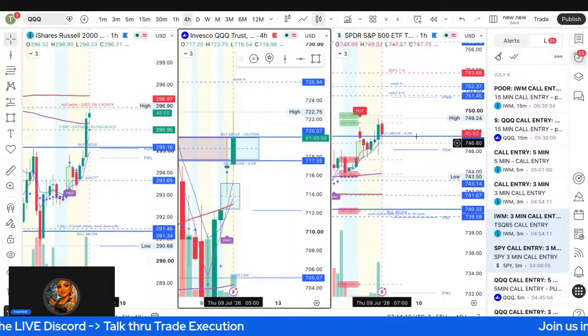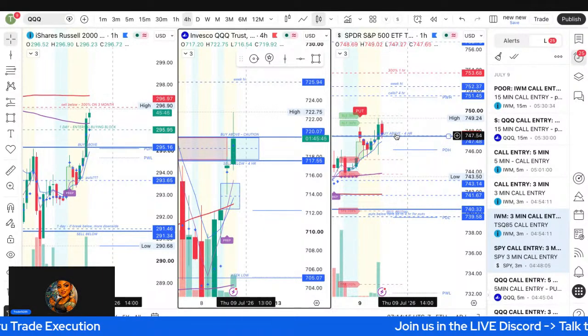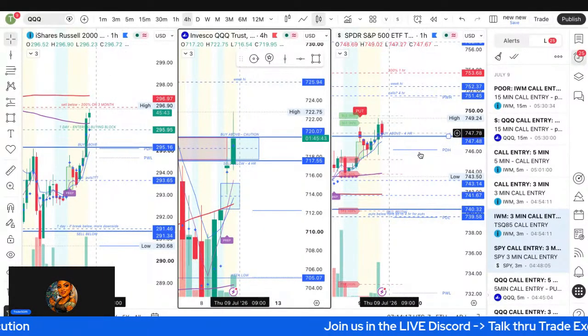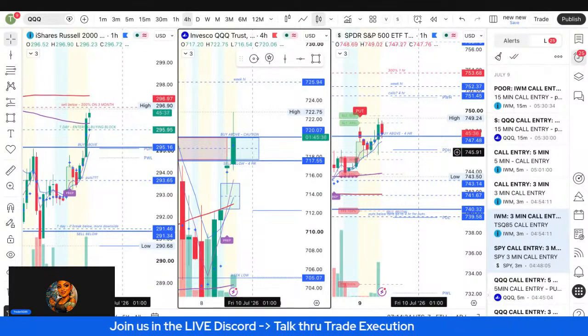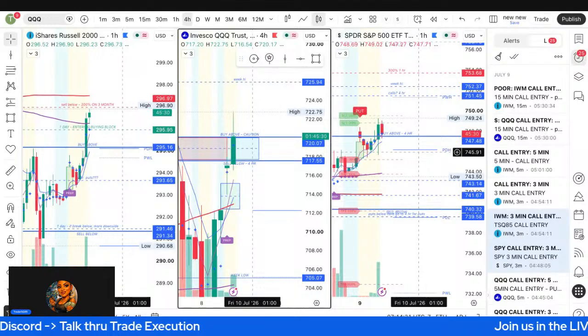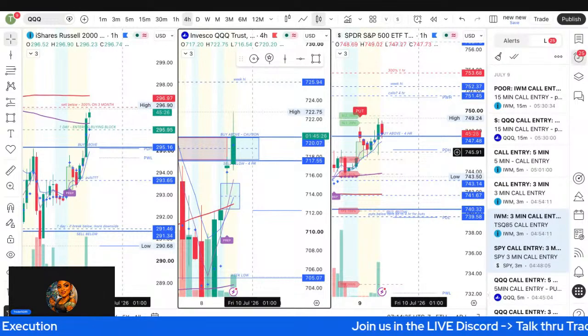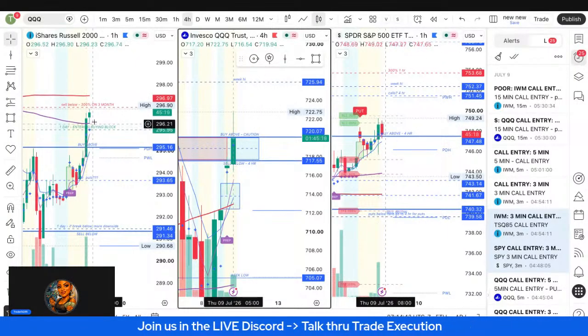A little bit of buyer stepping in here at the 4 level and holding its position at the VWAP, which is a major level. And here they're buying up beautifully off of this 200 moving average.